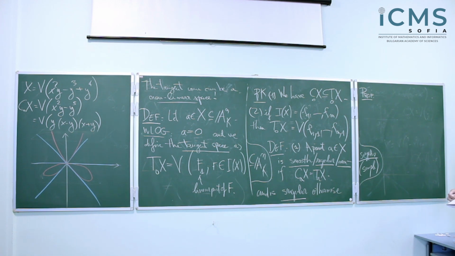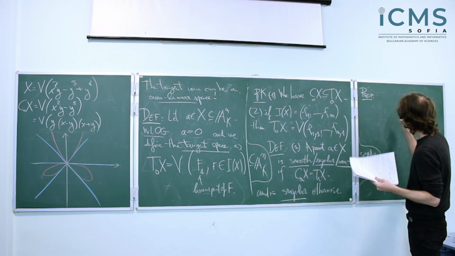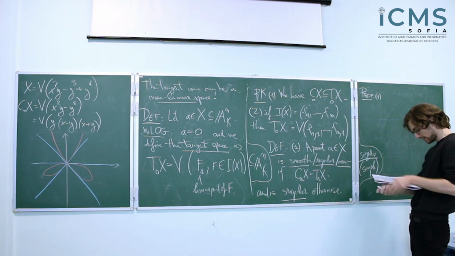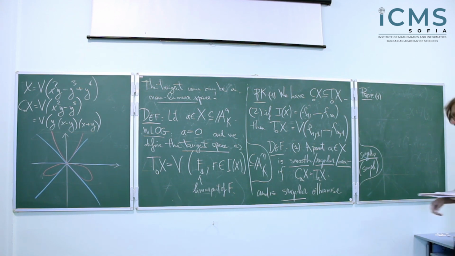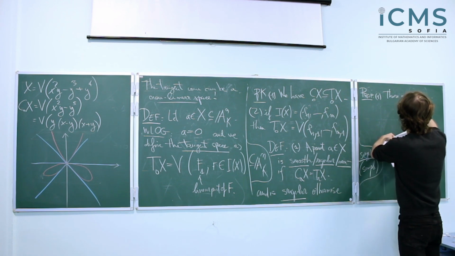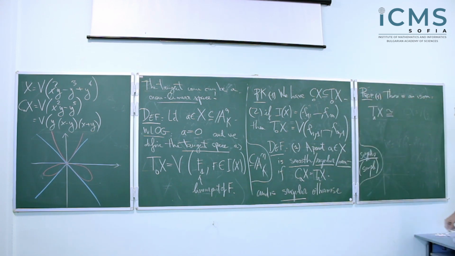Unfortunately for that, I'll have to use some black boxes coming from dimension theory. Okay. So one of the first things you can see is that there is an isomorphism between the tangent space of X and the dual of a particular quotient.